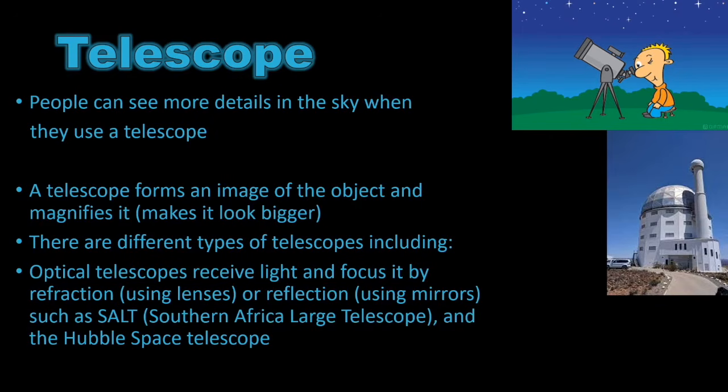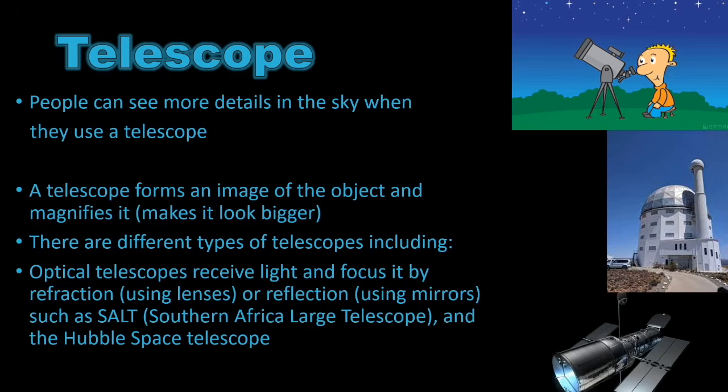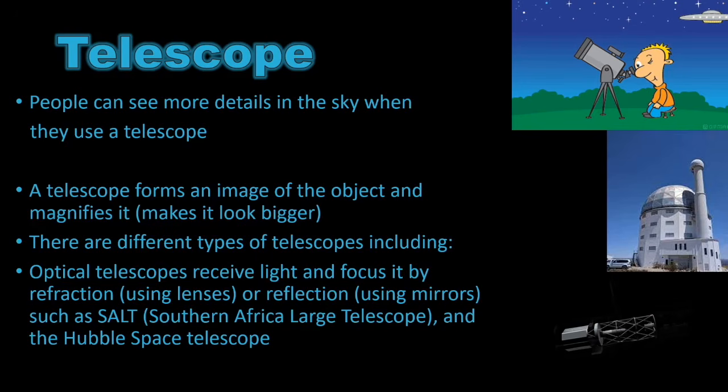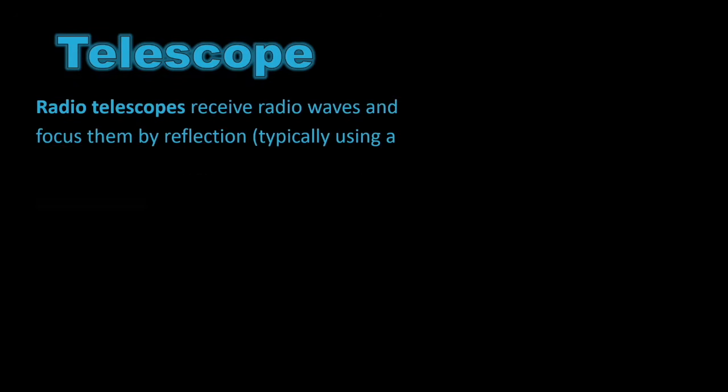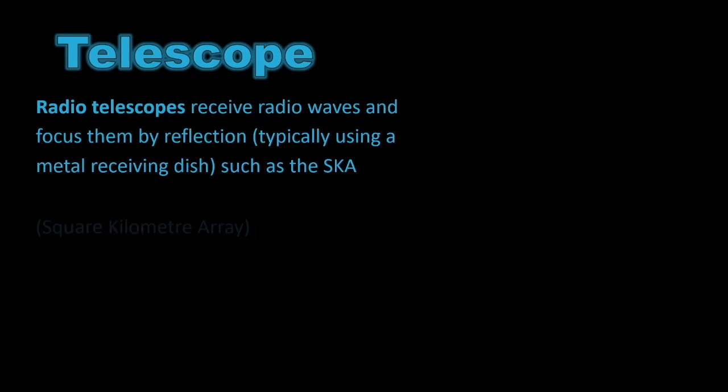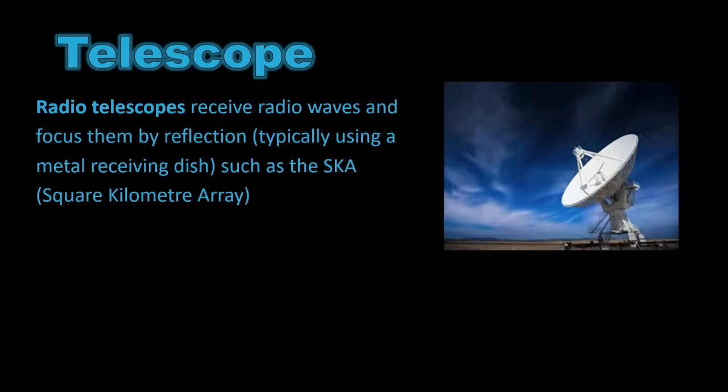Two examples of these are the SALT and the Hubble Space Telescope. Then we also find the radio telescope, which works with radio waves and focuses them by means of reflection. One example is the SKA telescope.